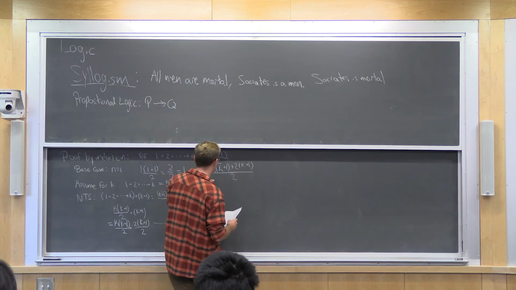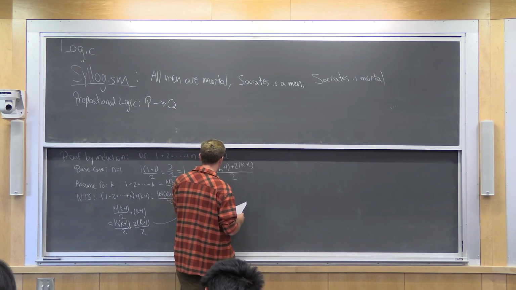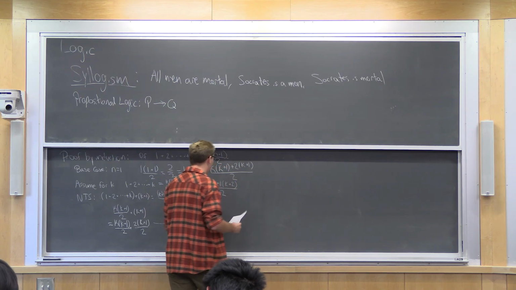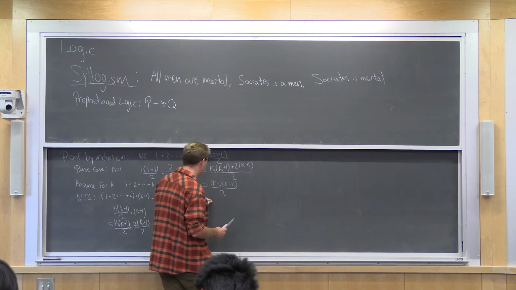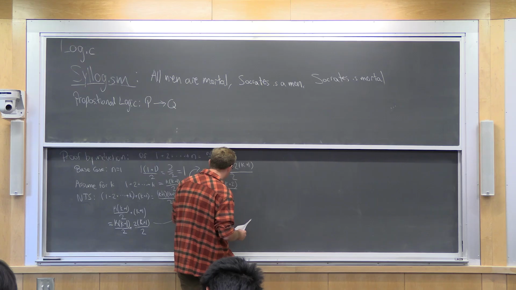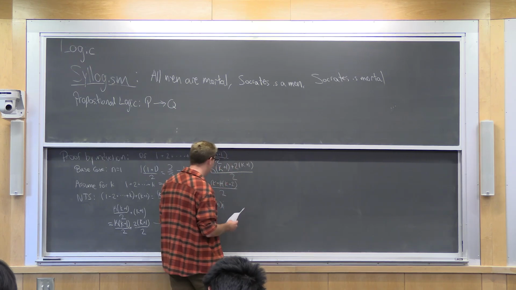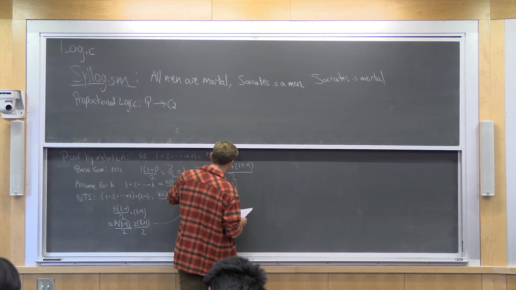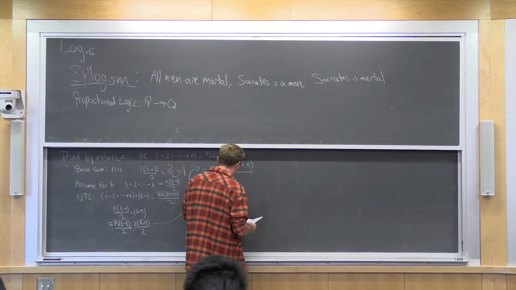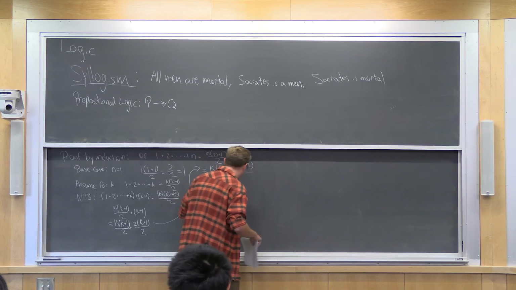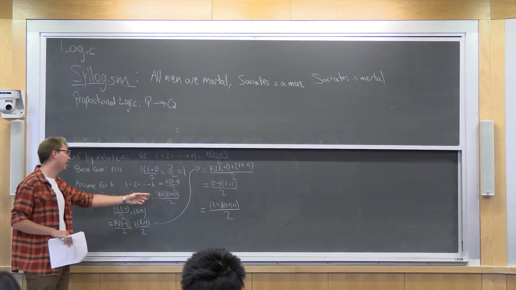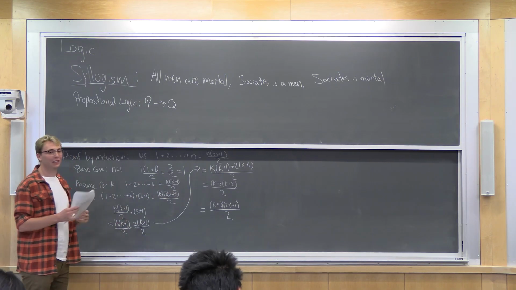And that reads k plus 1 times k plus 2 over 2. So that's a little crowded, but essentially we just go through the algebra of adding this.